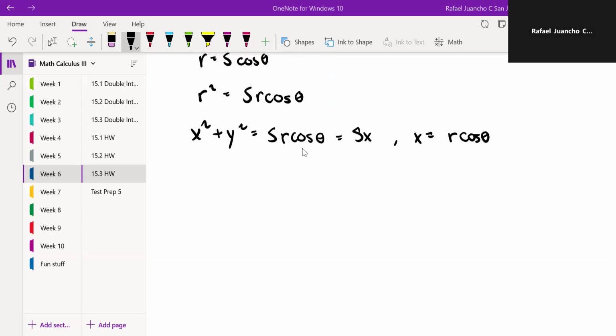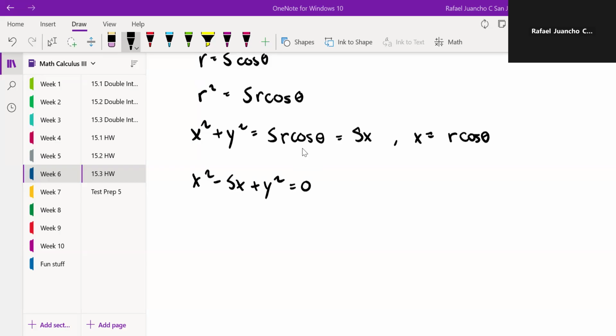That's the Cartesian, we call that a Cartesian equivalent of the polar coordinate, right? And then from there, let's just rearrange the equations. We get something like x squared minus 5x plus y squared equals 0. And then now here's something I would do, we just complete the square, right?